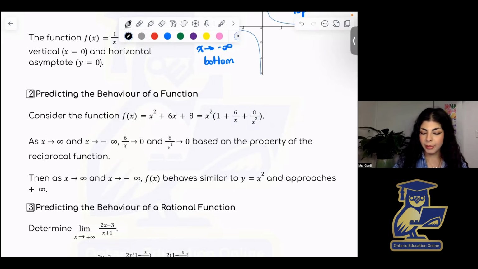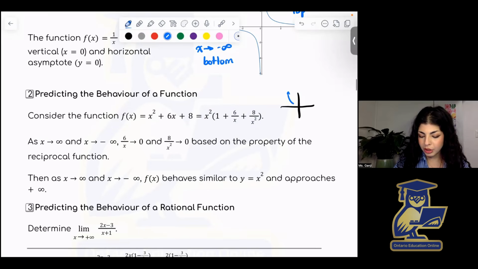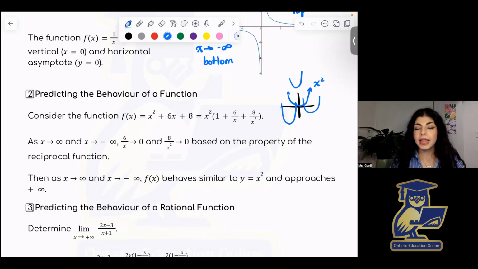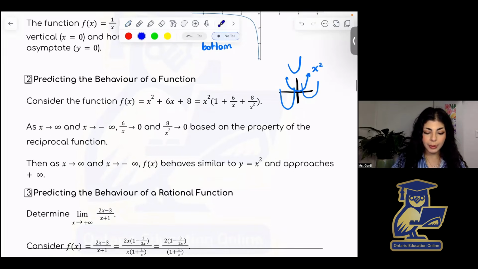And remember, this is our parent quadratic function, which is x squared. So approximately something like this. And again, with curve sketching, this could be moved here or here or here, but the shape of the graph is similar. It's just been translated or stretched somewhere on the graph. So that's exactly what we have here.